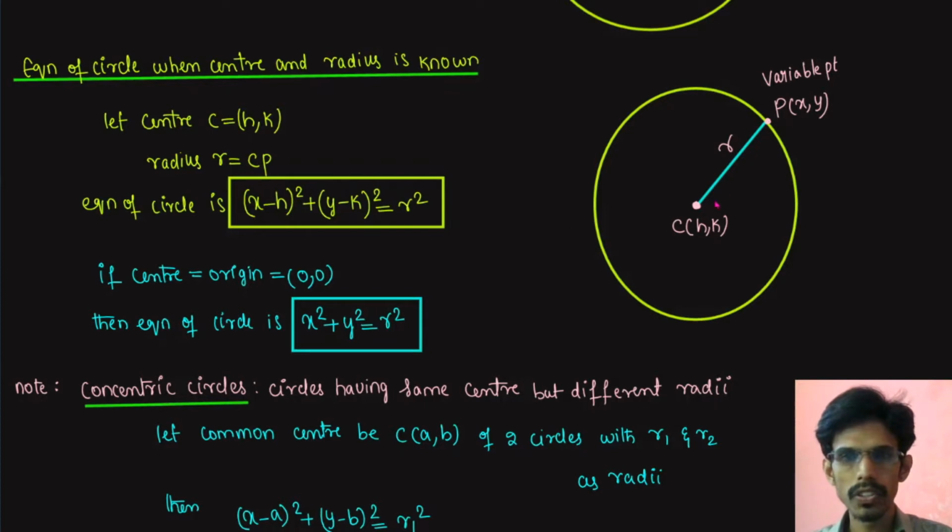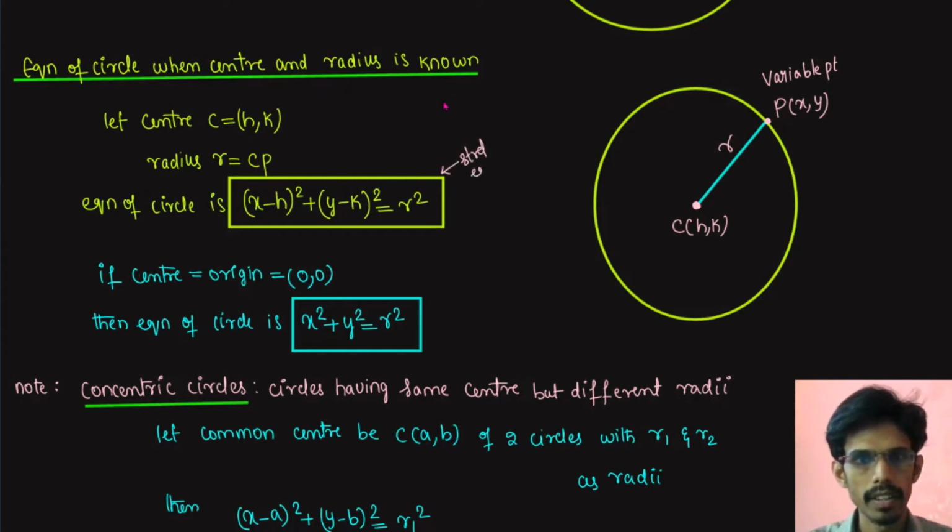So by using the distance formula, the equation of circle will be x minus h whole square plus y minus k whole square equal to r square. This is the standard equation of circle when center and radius is given in the question.